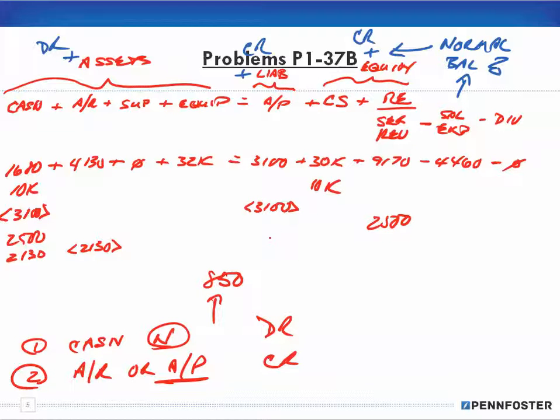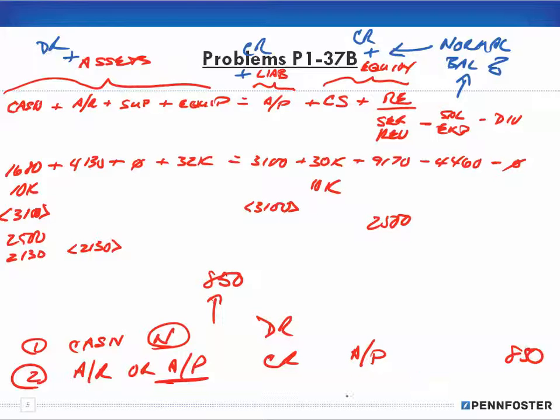My accounts payable is a liability account, and I increase my liabilities on the credit side. So I'm going to credit my accounts payable for $850.